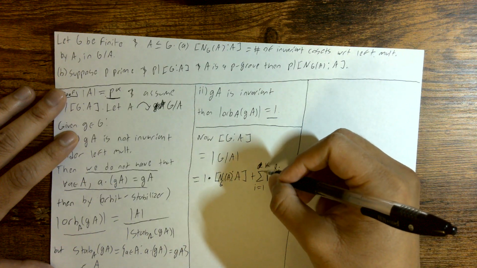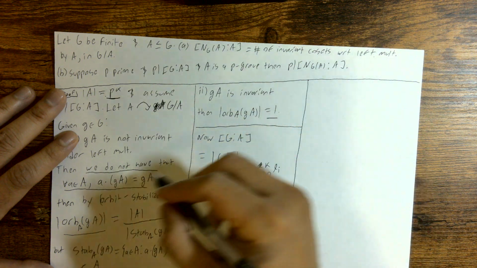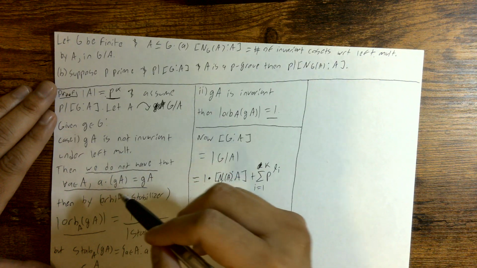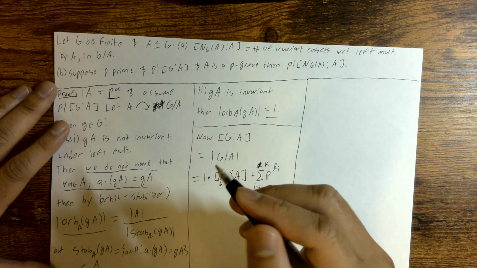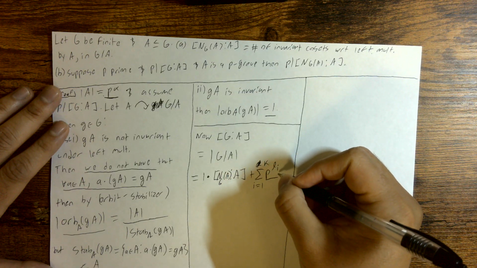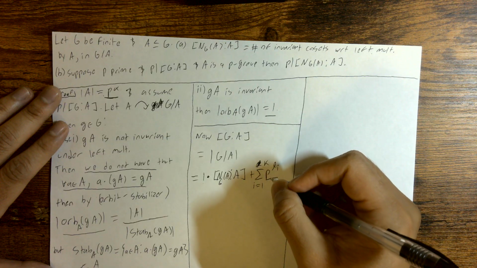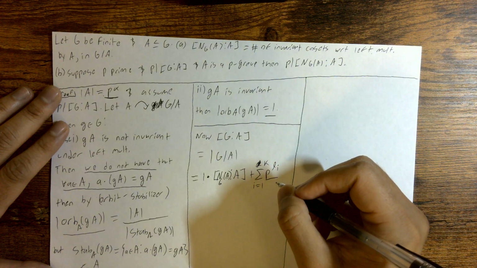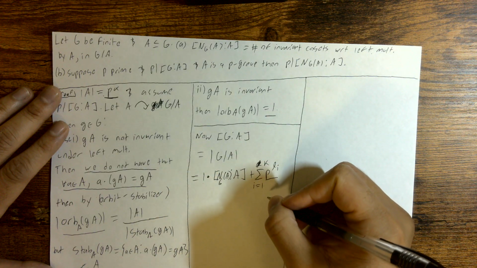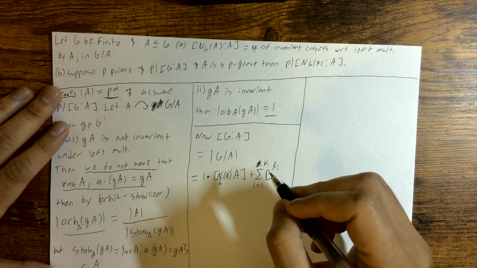Where there are k many non-invariant classes, and p to the l_i is the size of each of those classes. That way, this total sum will give us back the size of G mod A.